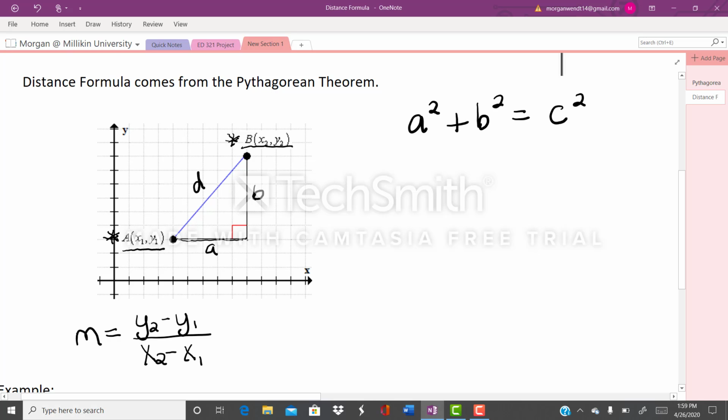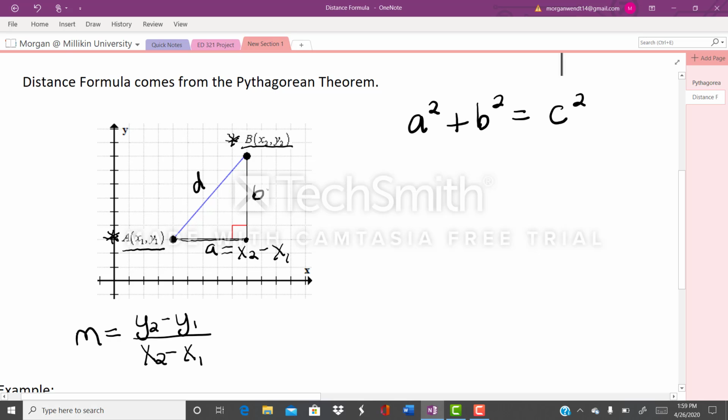So here's a point with an x value, and here's a point with an x value. So we can see that A is the difference between those 2 x values, the ending one minus the first one. So A is the change in x in this situation.